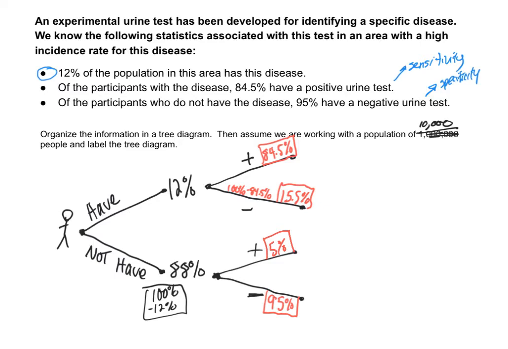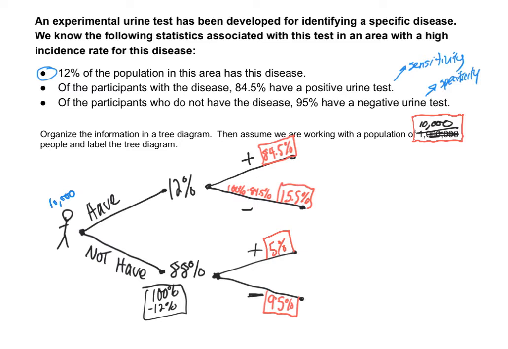So let's consider now this tree. Let's consider we wanted to calculate some percentages and we wanted to create a two-way table. We can use what are called natural frequencies by considering a population of, let's say, 10,000 people. We don't have to do this, but in this particular situation, it can be helpful. So if we have 10,000 people, 12% of them are going to have the disease.